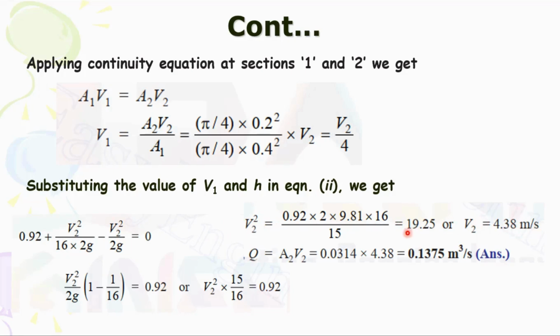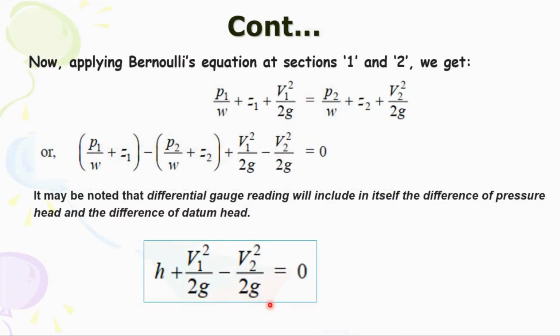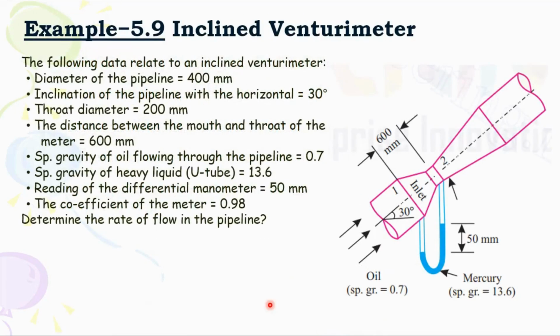Once you have velocity, then according to the continuity equation, you can find the flow rate, A2 V2. This is the flow rate passing through the inclined venturimeter. Once you have the discharge, other parameters can be computed like this. So I hope it is clear that you can find every calculation using this inclined venturimeter.